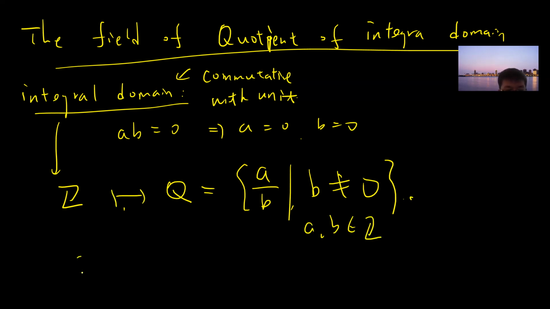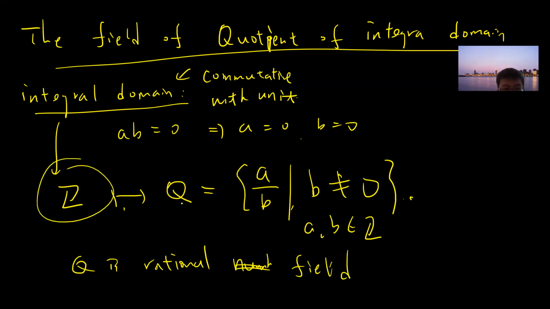By default, you know that Q is the rational field, the rational numbers. So you can start from the integers to get the rational field, just by defining a divided by b where b is non-zero. But this is actually a general construction.